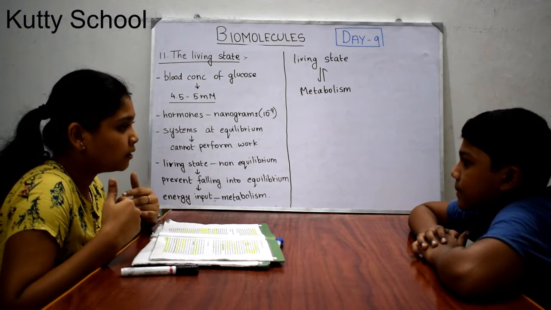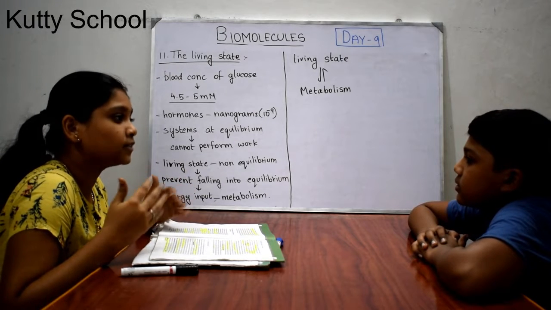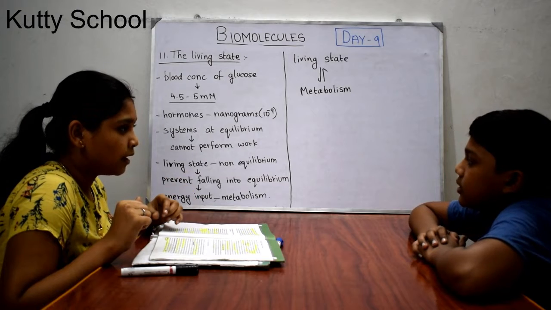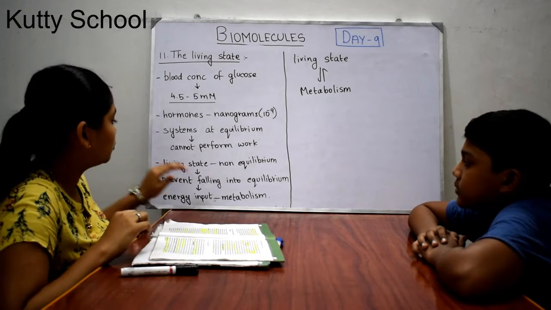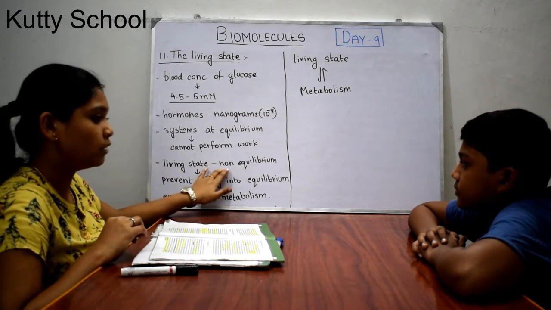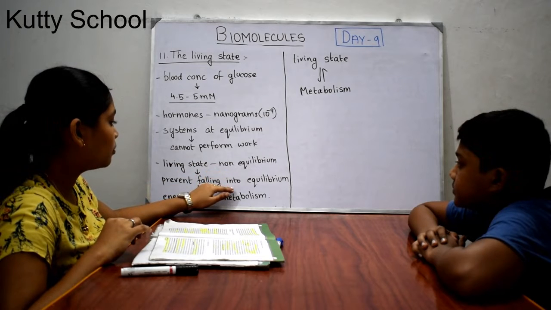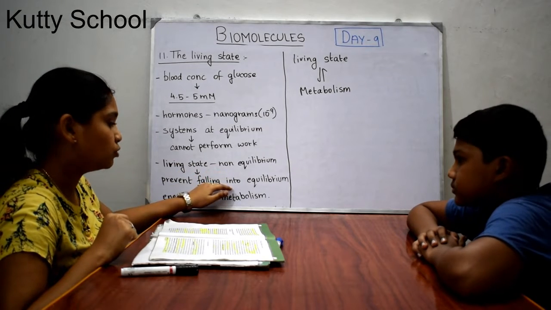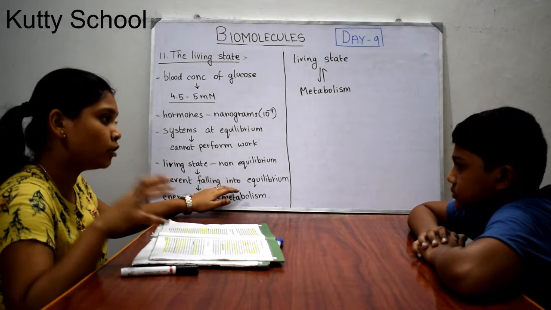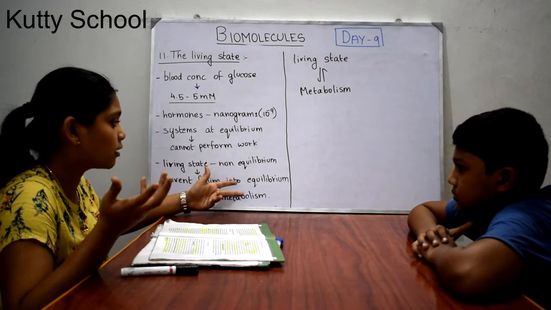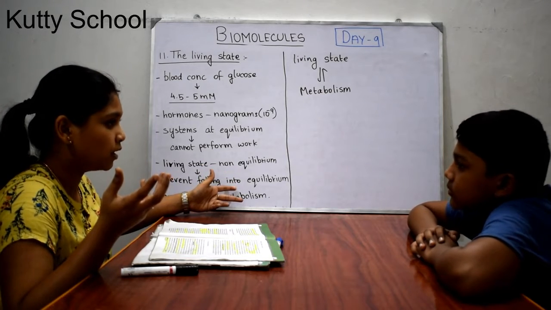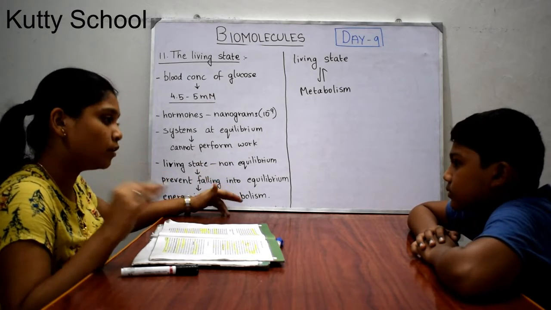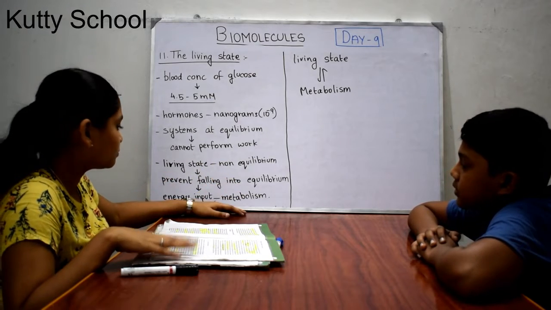Our body performs work, so our body is not in equilibrium, and the living state is not equilibrium. It also prevents us from falling into equilibrium, because if we go into equilibrium, we cannot perform any work.